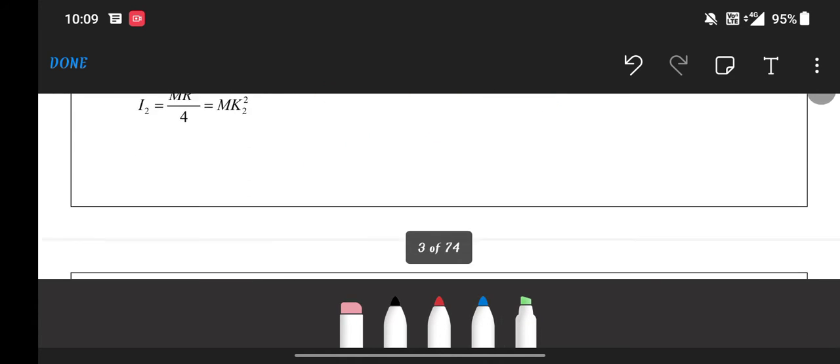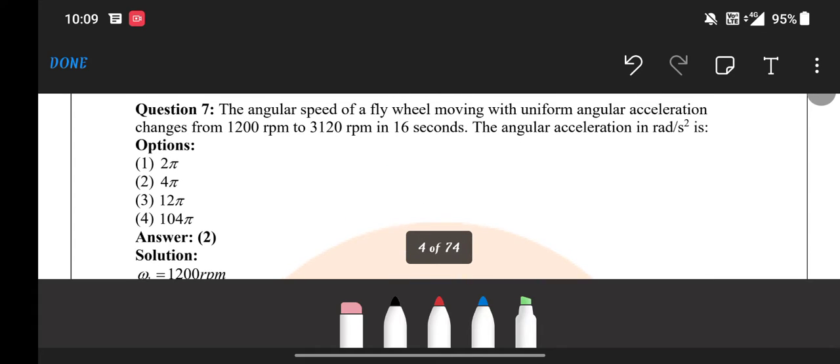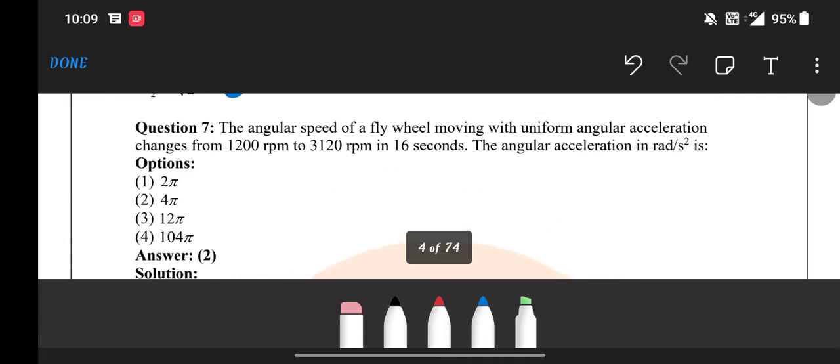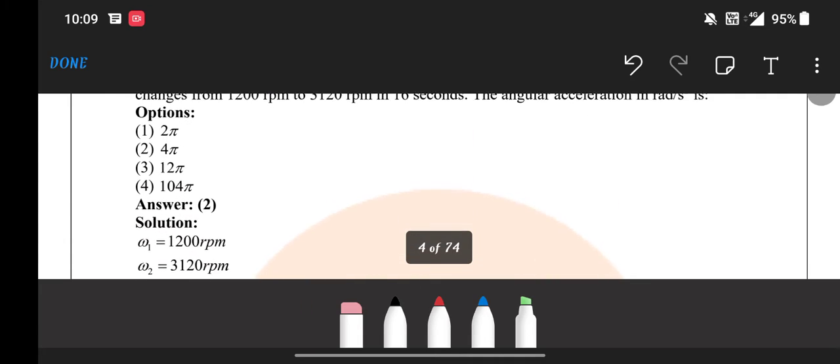Moving on to our next question, that is question number 7. The angular speed of a flywheel moving with uniform angular acceleration changes from 1200 rpm to 3120 rpm in 16 seconds. What is the angular acceleration in radians? Is it 2 pi, 4 pi, 12 pi or 104 pi? So let us take W1, that they have given, is 1200 rpm.